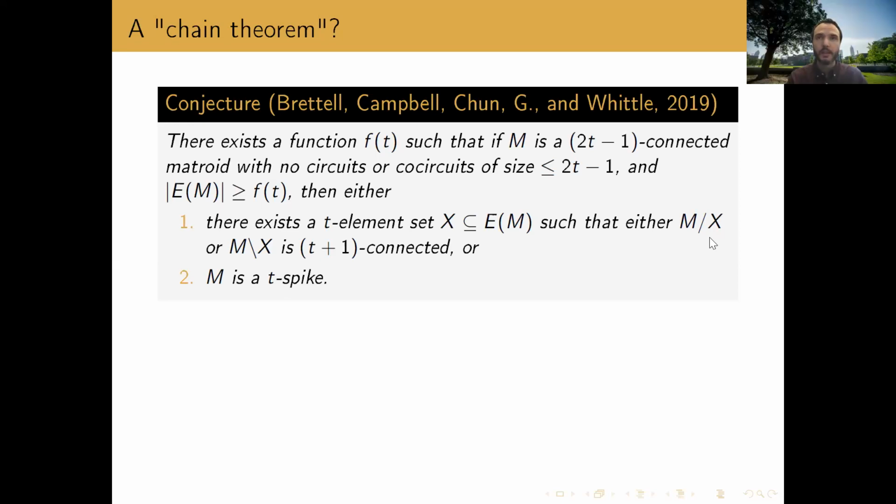I haven't thought about this at all, but that seems plausible. So if you have this T element set, exactly like you said, it could go down to possibly T minus 1, but we want to see if we can keep that connectivity, and so keep it at T plus 1 instead. So again, this is a kind of an optimistic conjecture, especially the other one.